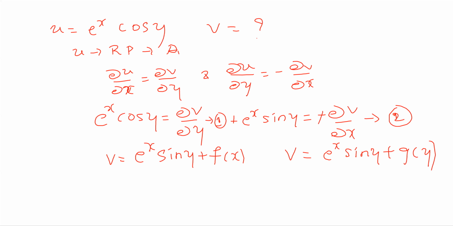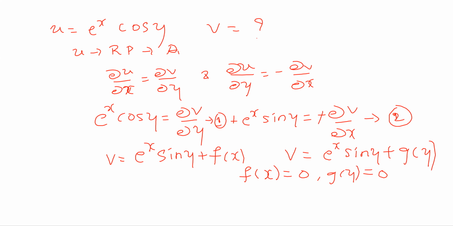No. So f of x equals 0. f of x is nothing but the integrating constant. Is there any function of y alone in the first equation? No. That means g of y is also 0.